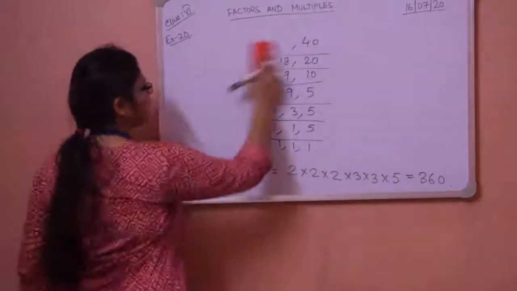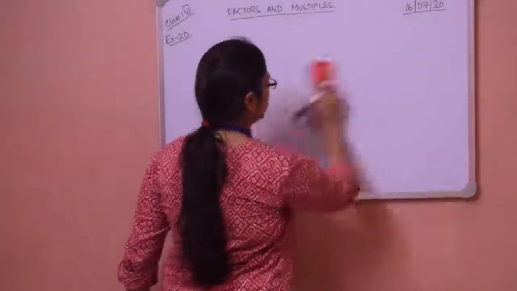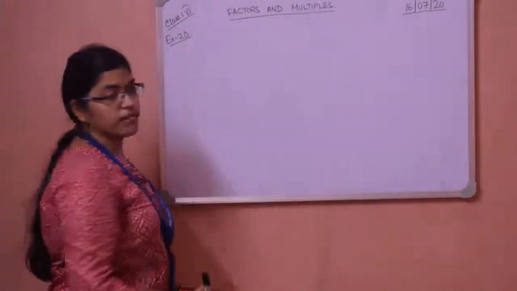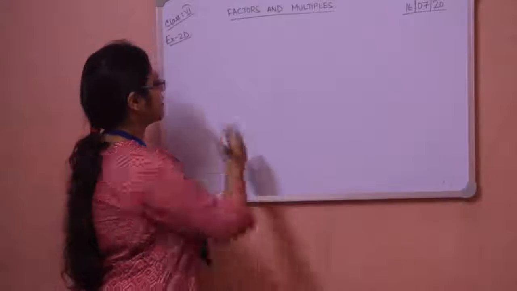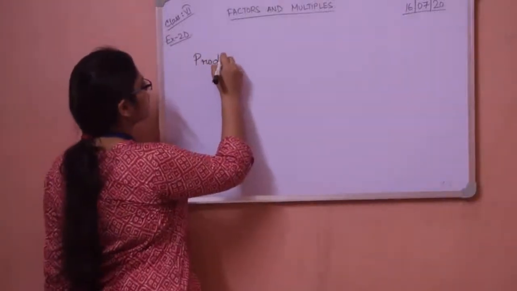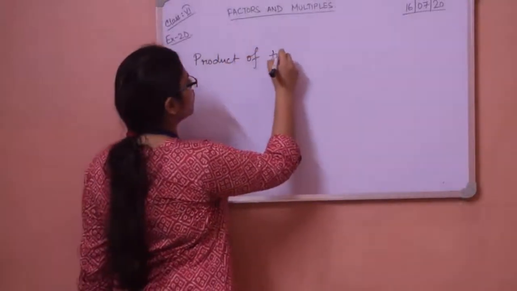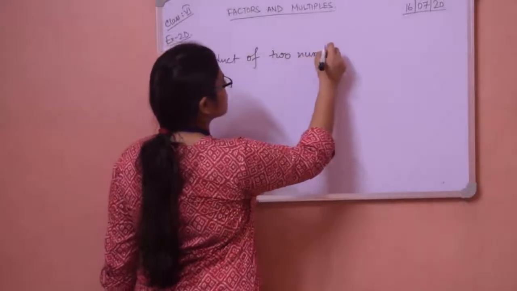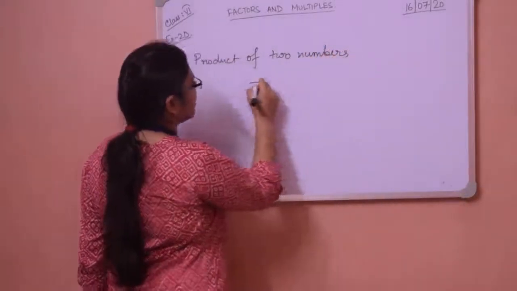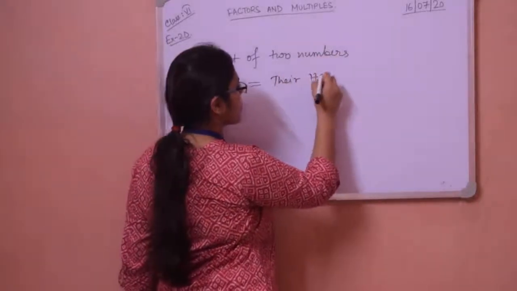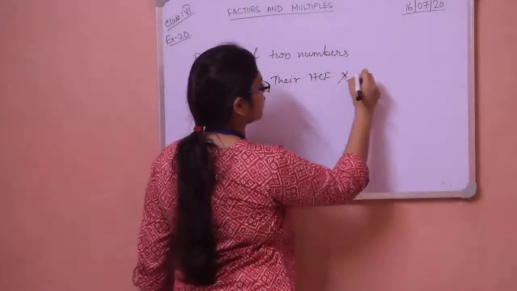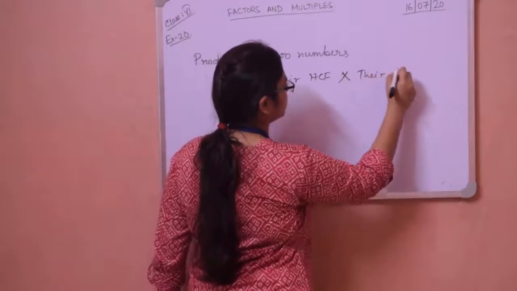Now there is another concept which I want to say about HCF and LCM. So there is a relation. What is the relation? It says that the product of 2 numbers is equals to their HCF into their LCM.